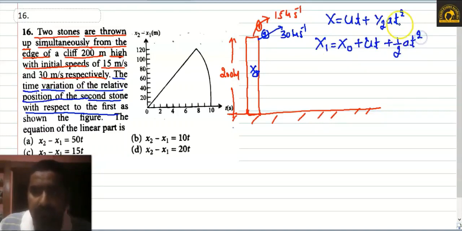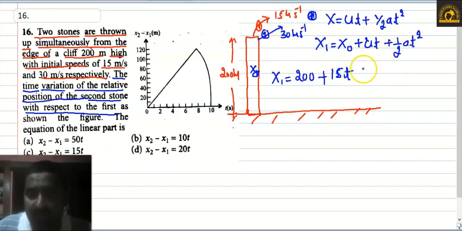Here x0 is 200, the initial velocity of the first one is 15 meters per second, so 15t, and the acceleration due to gravity is a equal to minus g, which gives half into 10 into t square.